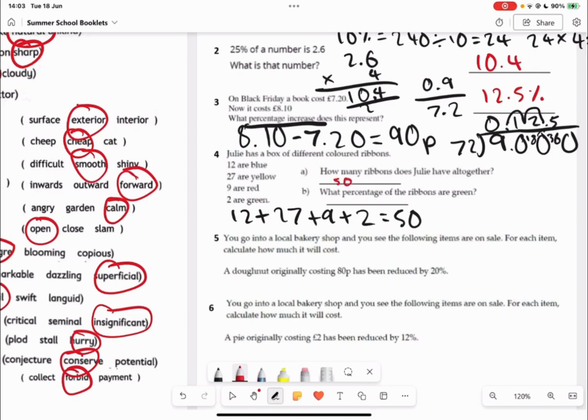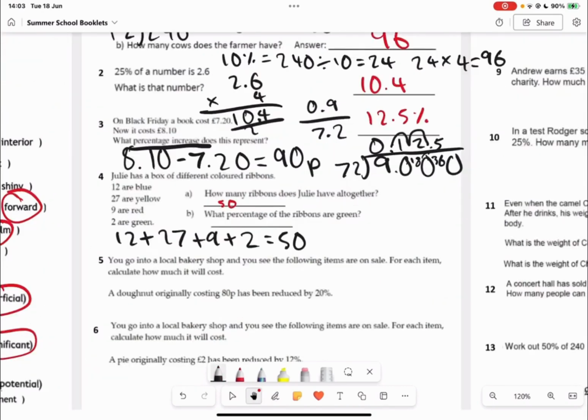Okay, and then what percentage of them are green? So we know that 2 of them are green. So it will be 2 over 50. And we can easily convert this into something over 100 by multiplying by 2, so we get 4 over 100.